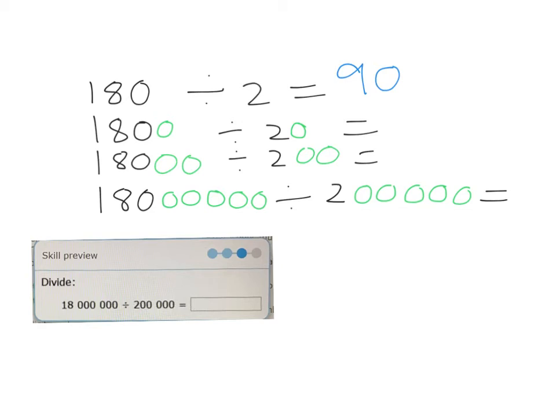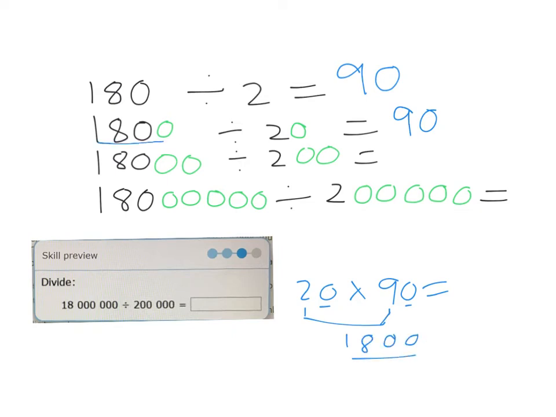So I believe that even though we've added an additional 0 on the end here, our answer is still going to be 90. I'm going to prove that by going 20 times 90. And remember, with multiplication with zeros, there's this handy thing where you just add them up. So we're going 2 times 9 is 18, and then we add those 2 zeros on the end. Yep, that matches over here.